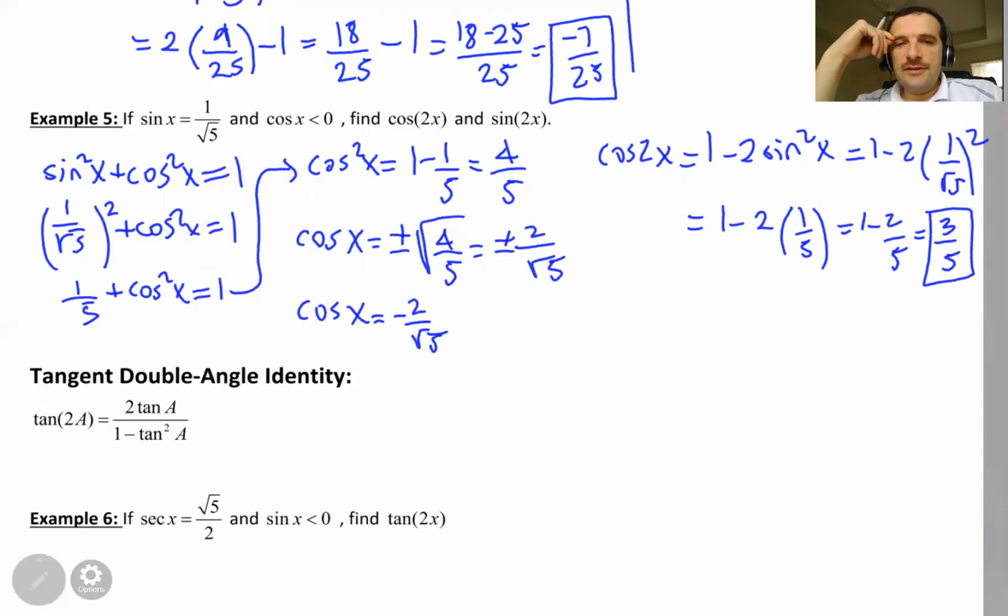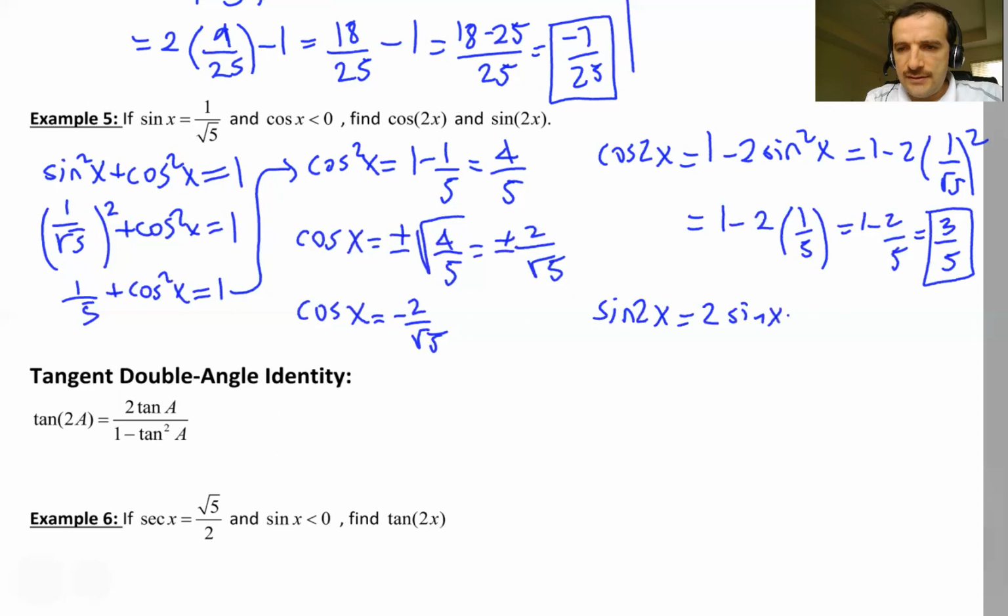So let's find what sine 2x is. By the way, if you know what cosine 2x is, you can use the most famous trig identity to find what sine 2x is, right? But let me use the double angle formula to make you familiar with the formula, okay? So sine 2x is 2 sine x cosine x. And what is cosine x?